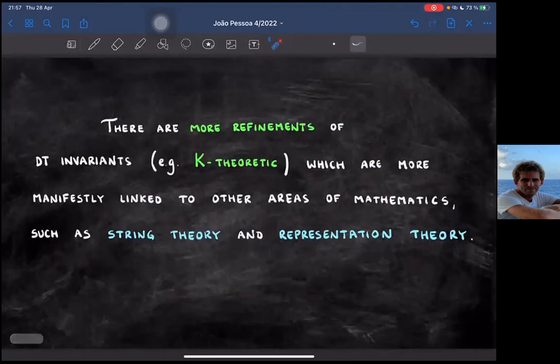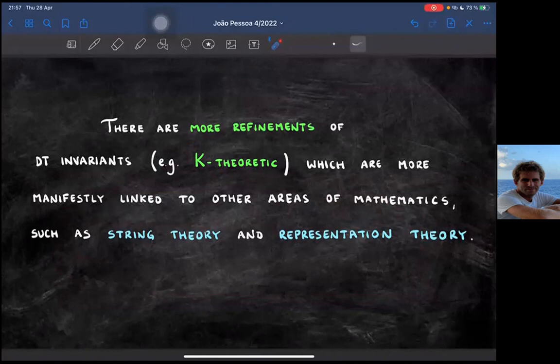And I conclude by saying that there are many more refinements of the virtual Euler characteristic. For example, I think the most powerful one is the K-theoretic refinement, which uses structures of the quot scheme which we haven't seen. But I wanted to tell you a story, so I just told you about the critical structure, which is actually where it all begins.